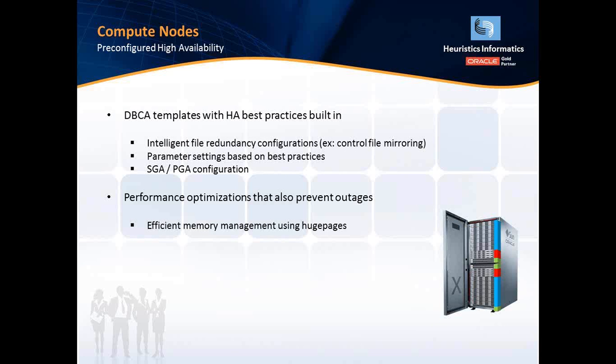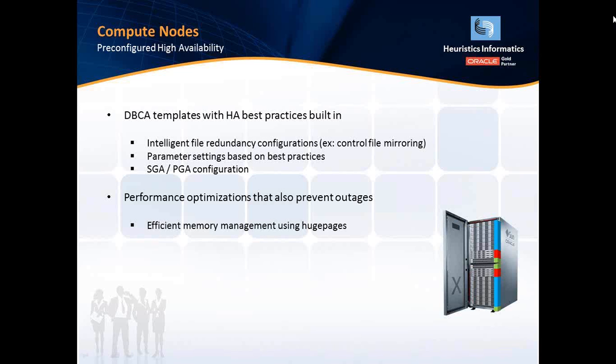The compute nodes or the database servers themselves, as I said, utilize real application clusters and are configured in a high availability configuration, the active-active. The simplest configuration is the Exadata quarter rack, which has 2 database nodes, all the way up to an Exadata full rack, which has 8 database nodes.